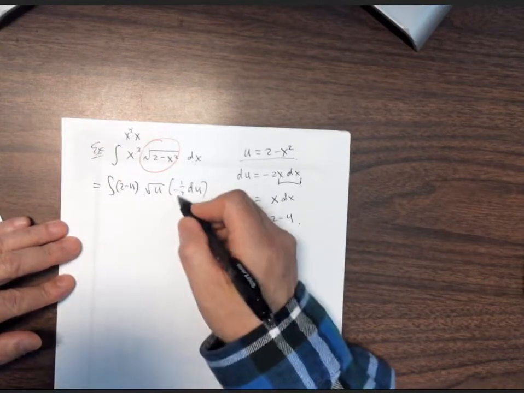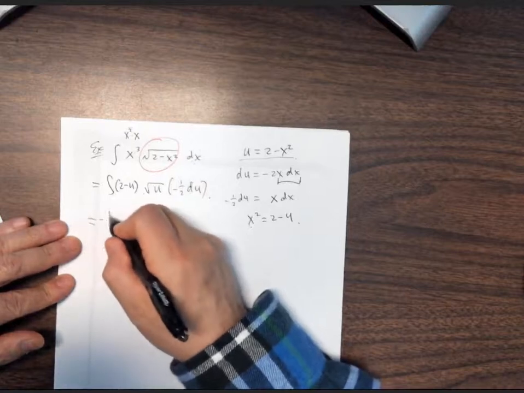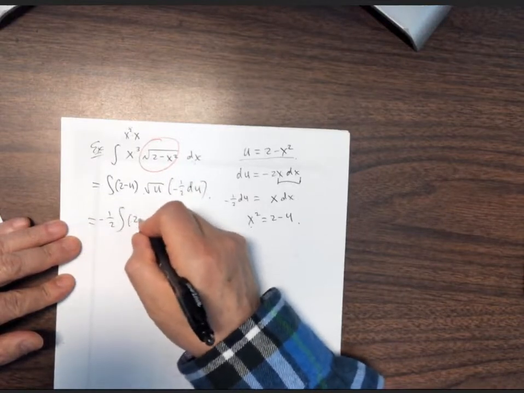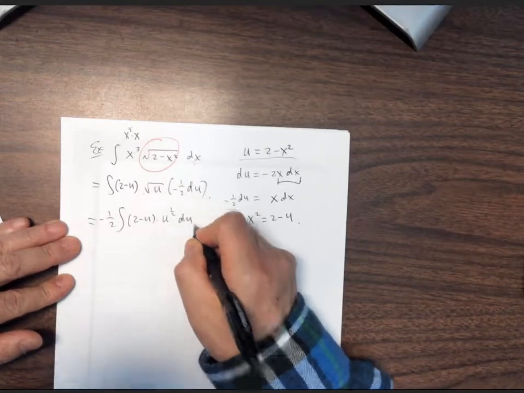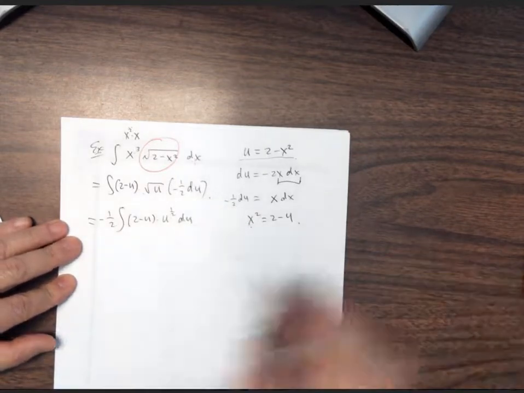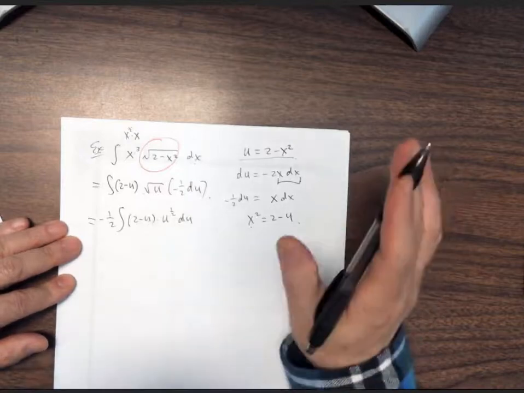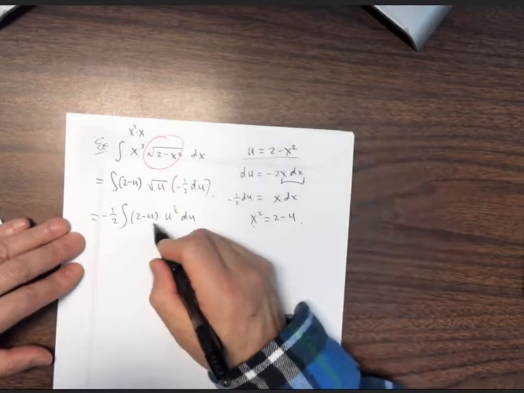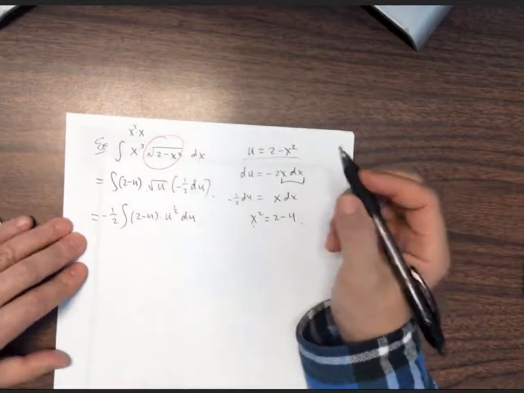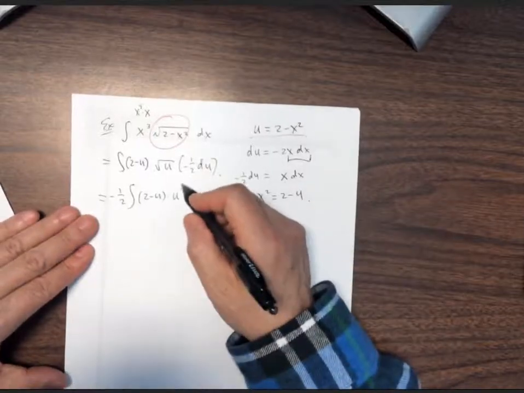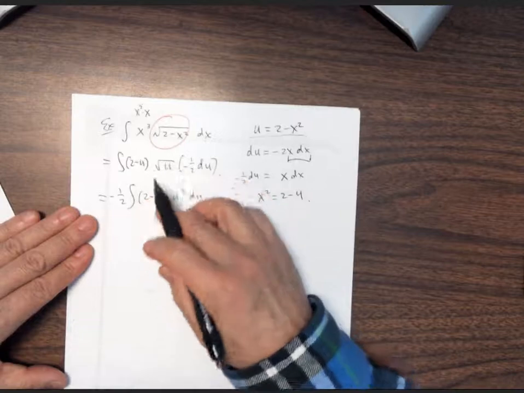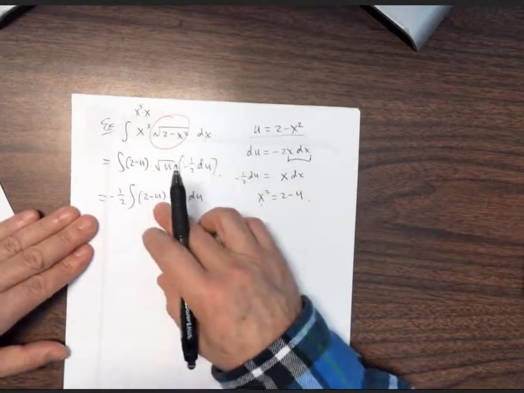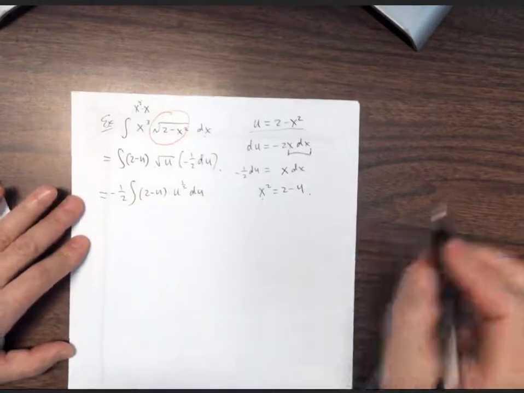Yes. Negative half, pour out. This, if you write as a power, and then you multiply through. Now, it's very important that you multiply through before applying any formula. You cannot integrate the power here and the 2 and the u in this product separately. There's no such product rule in integration.